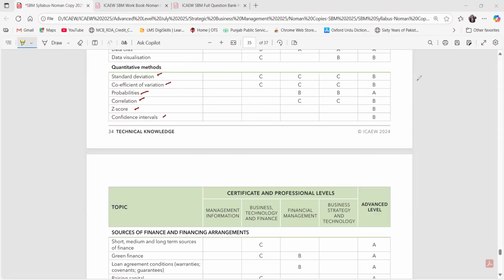Here, different topics are at different levels. All of these topics are at B level, except the topic of probability, which is at A level. So you should be in a position to calculate and apply these methods, as well as the implication of the results of these methods, basically.